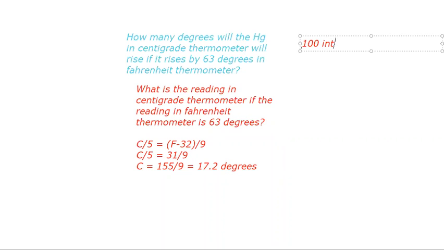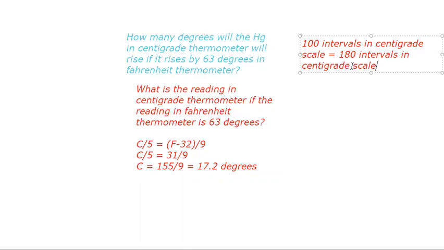So 100 intervals in centigrade scale is equal to 180 intervals in Fahrenheit scale.